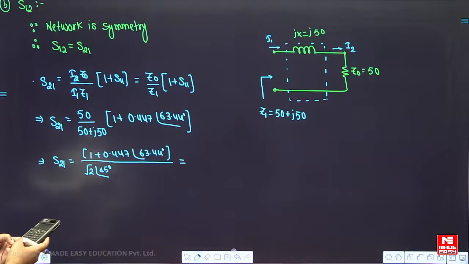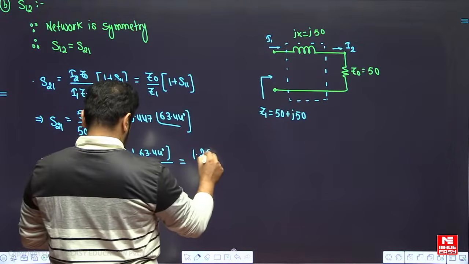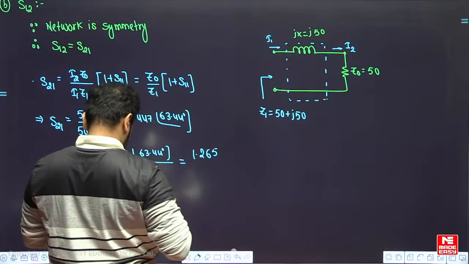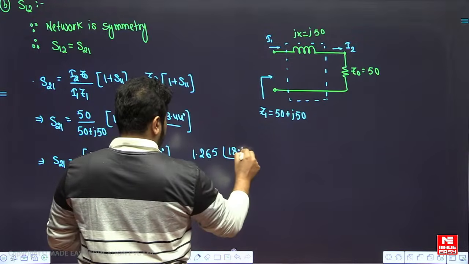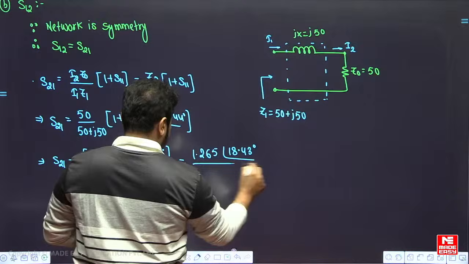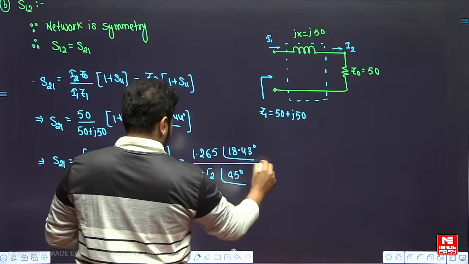This is 1 plus 0.447 at an angle 63.44, 1.265 approximately at an angle 18.43 degree, divided by root 2 at an angle 45 degree, right.